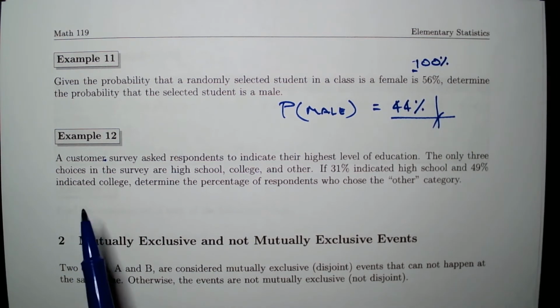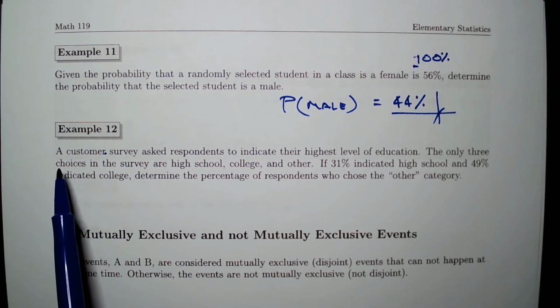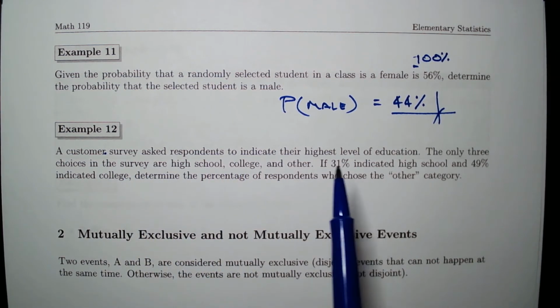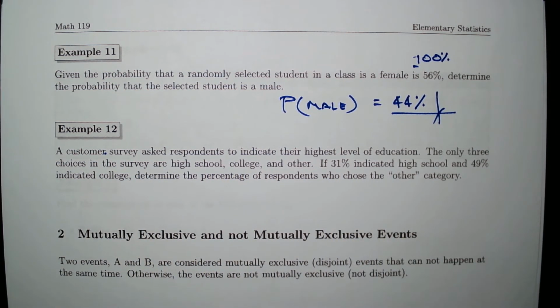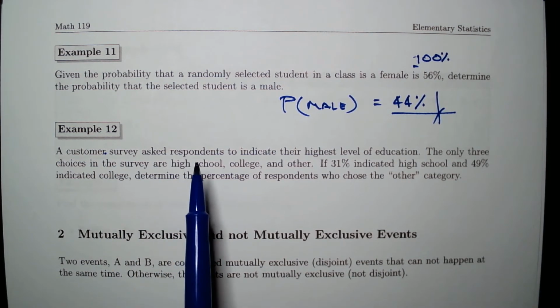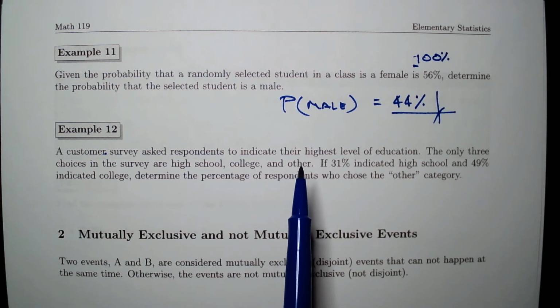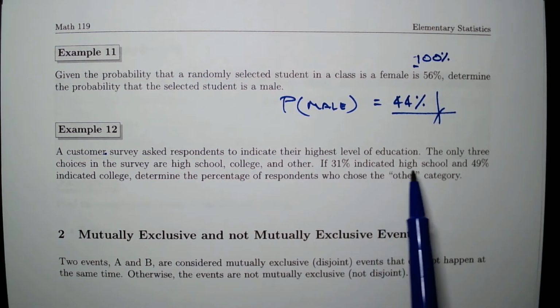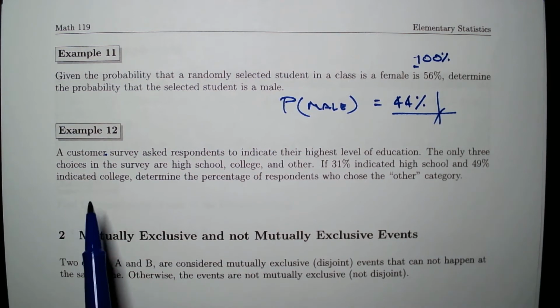All right, so example 12. A customer's survey asked respondents to indicate their highest level of education. The only 3 choices in the survey are high school, college, and other. If 31% indicated high school and 49% indicated college, determine the percentage of respondents that said other.